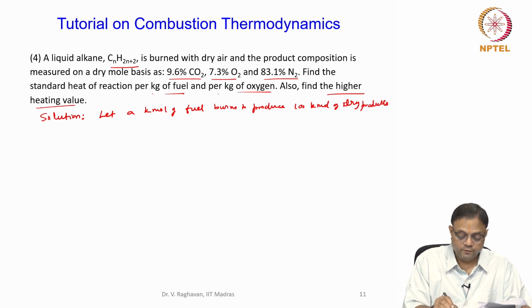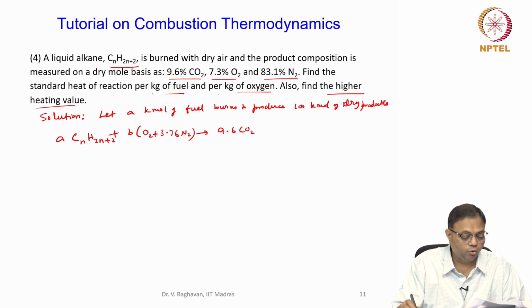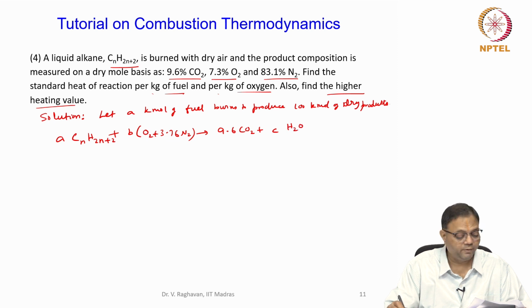So this means A times CnH2n+2 plus B times (O2 plus 3.76 N2) giving 9.6 times CO2 plus C times H2O, which I have to determine, plus 7.3 times O2 plus 83.1 times N2.